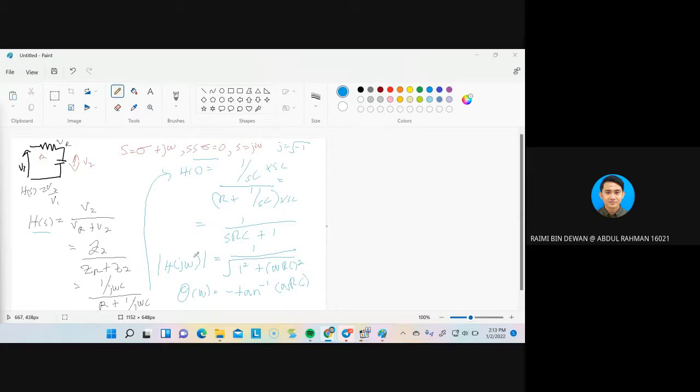You see this is the magnitude, so it is always positive. And this is your way to find your angle, which is the negative inverse tangent of B over A.